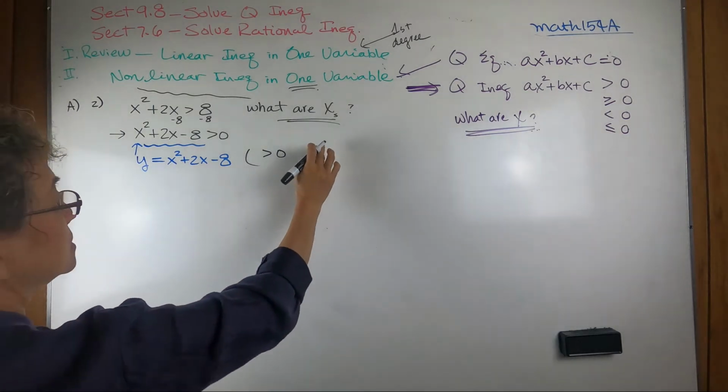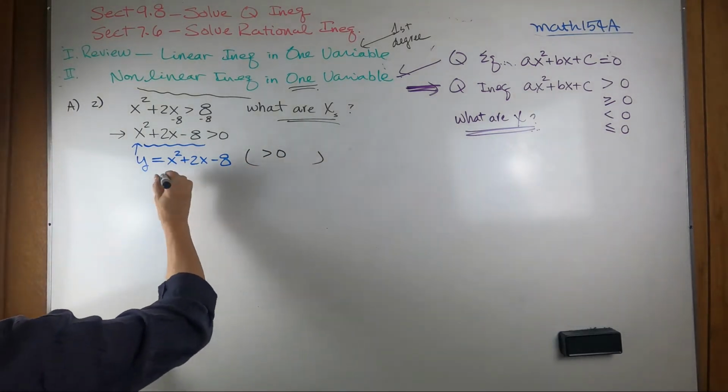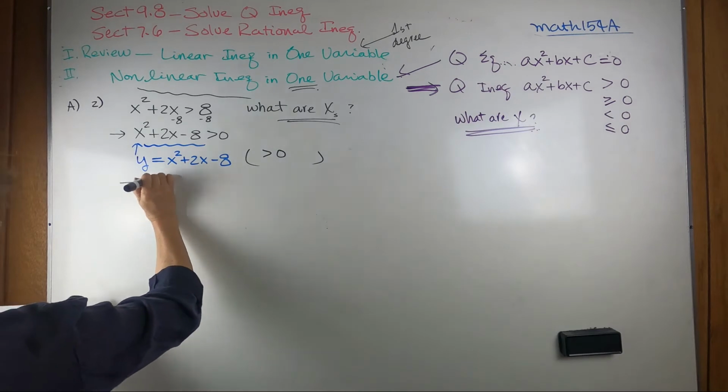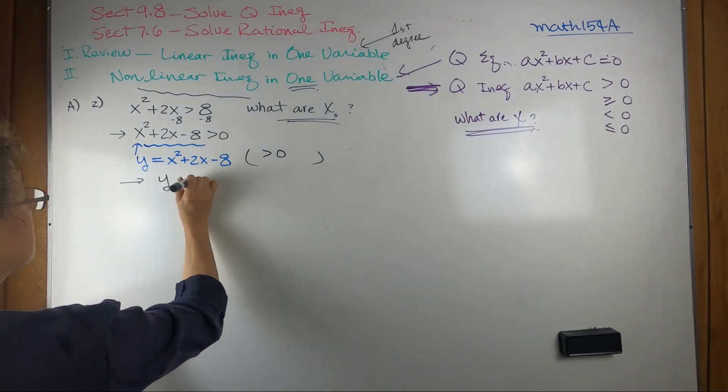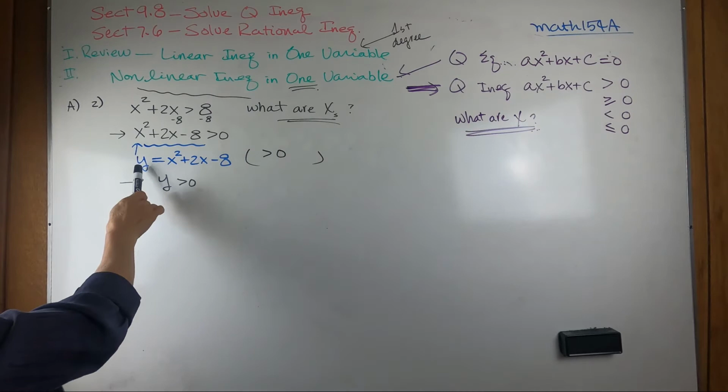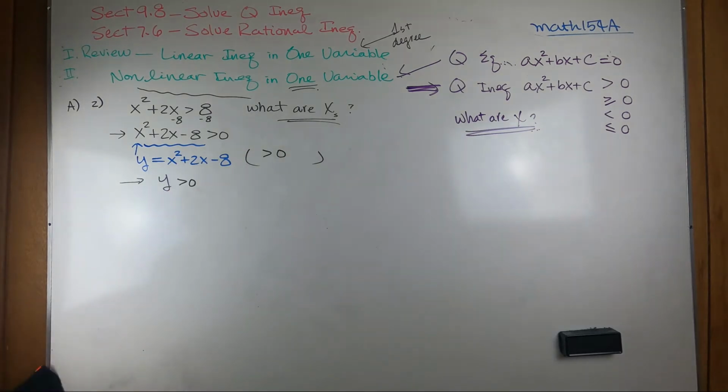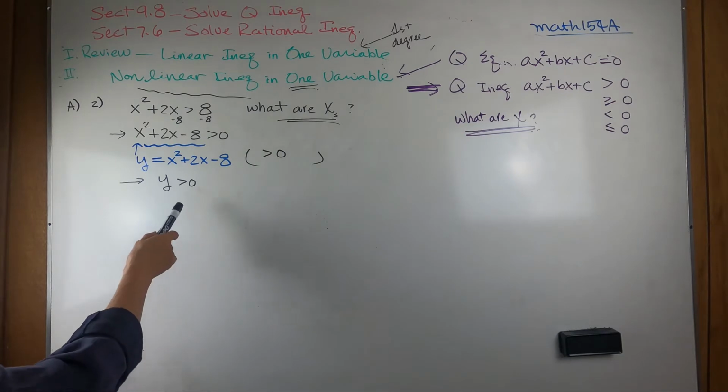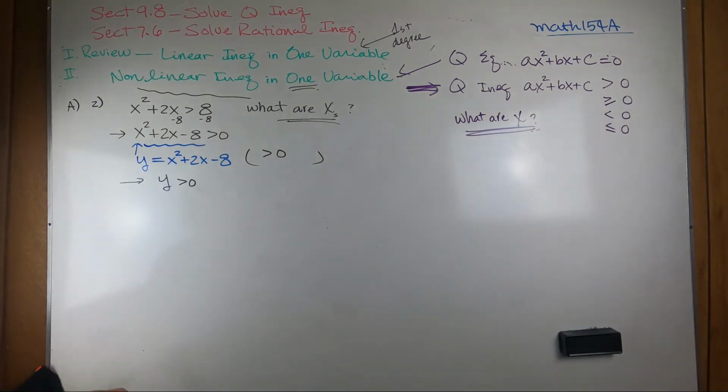That means my y has to be bigger than 0, because I use y to represent that. Then, if I wanted to visualize it, I can graph it, right?